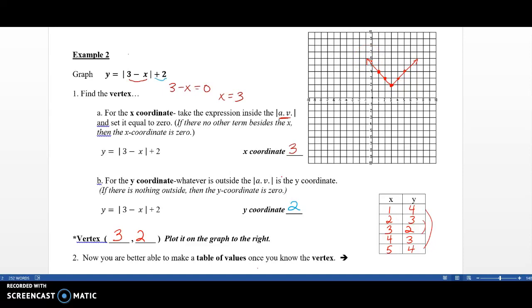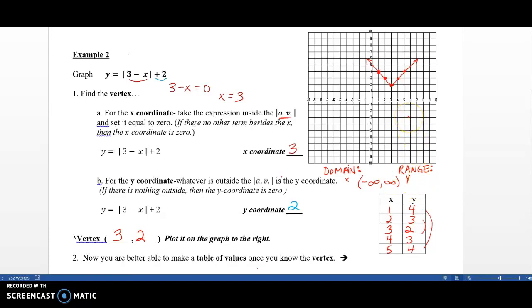If we want to talk about the domain and the range of this function, domain, remember, is the possibility of your x values. So what can your x values be? If you look along, they can be anything along the x-axis there. So it will be written as negative infinity to infinity.